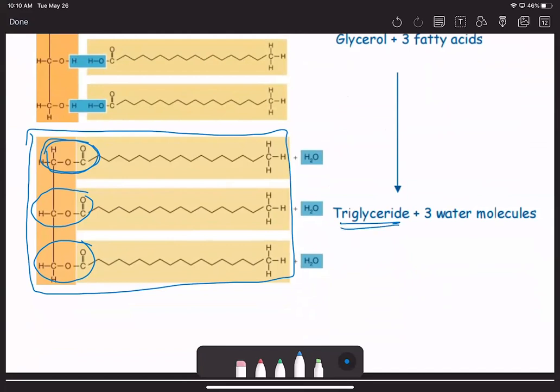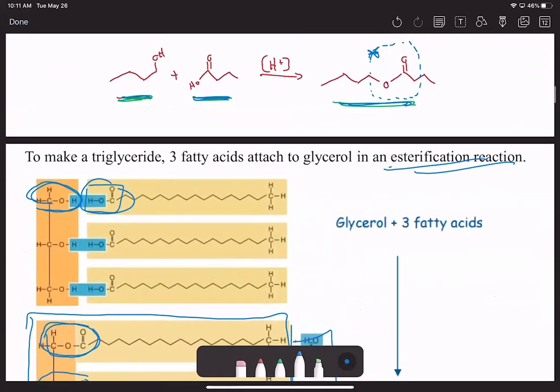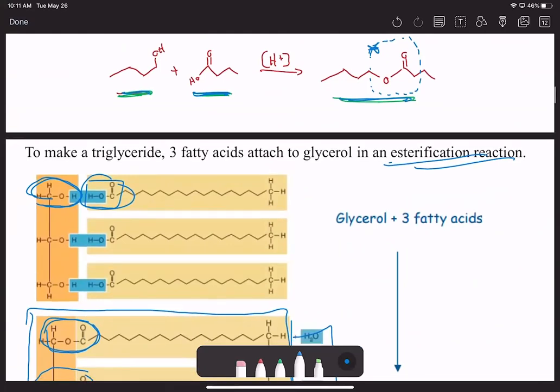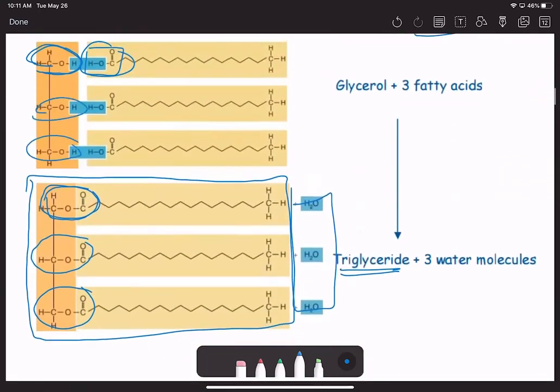So we get triglyceride plus we get some water. But this is just an esterification reaction, similar to what we saw in organic chemistry. We just do it threefold because we have three alcohol groups on that glycerol.